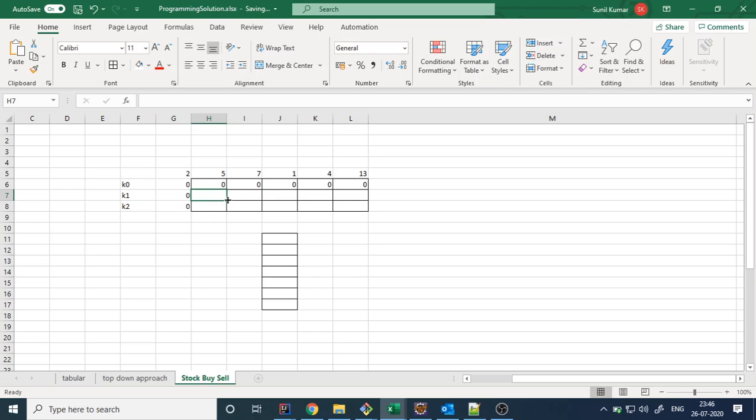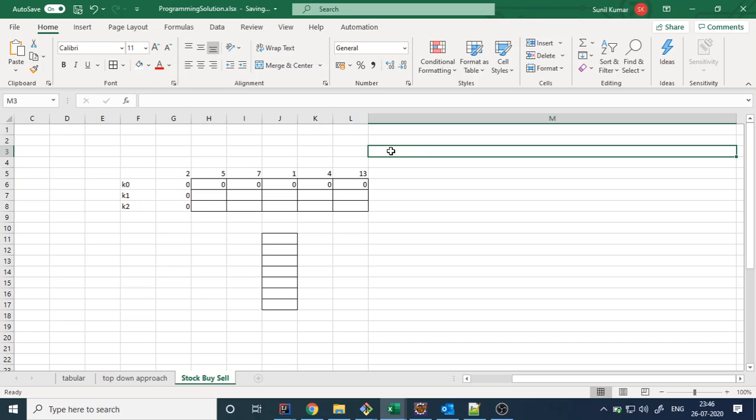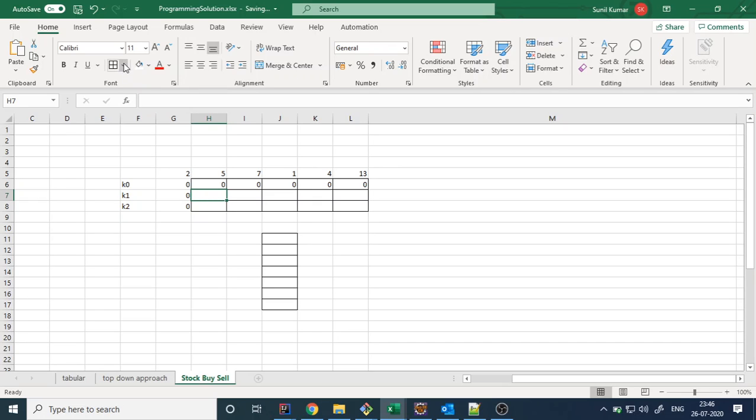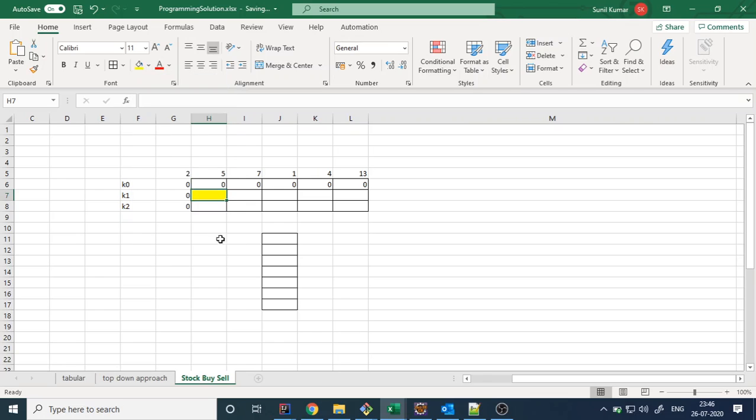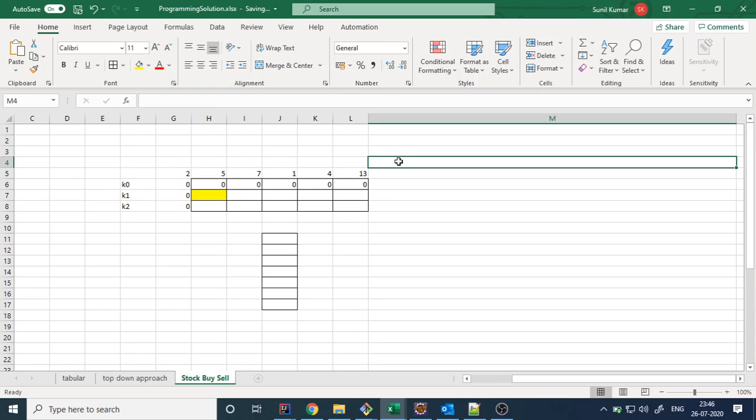For calculating the value of this particular element, you need two things. First is the previous difference, the previous cost difference.